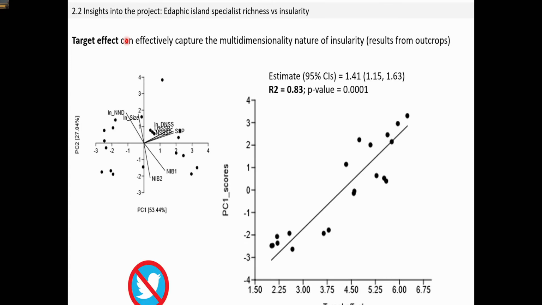So here I report the result from a PCA, a multivariate analysis. Don't bother about the acronyms, but these are all a bunch of insularity metrics, 9, that have been measured for that system, for granite outcrops, but of course excluding target effect. Then we took the PCA score of the first axis, which explains quite a lot of the variability, and regressed it with target effect. And as you can see, the relationship is quite strong and tight.